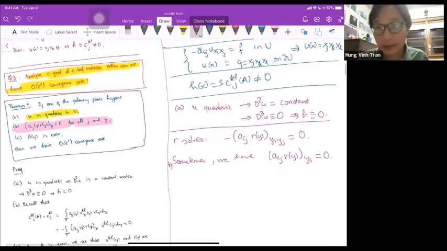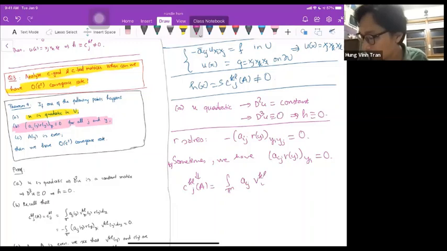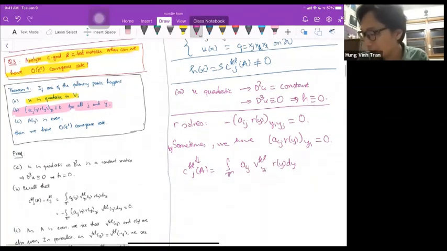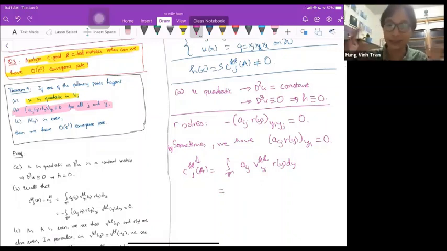But if we are lucky, we have this, then we automatically have that the coefficients are always good, because I have C_KLJ of A equals the integral over the torus of Aij V_KL,yi R(y) dy, right? And then there's nothing specific here. We just do integration by parts. Everything is periodic, there's no boundary.